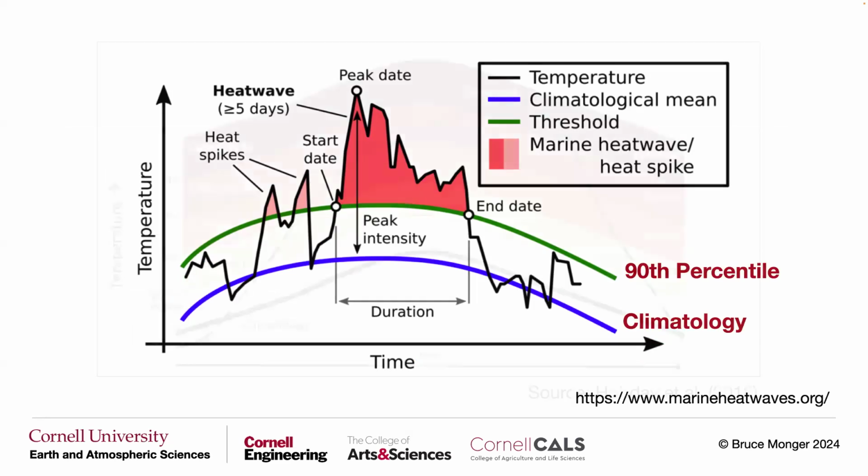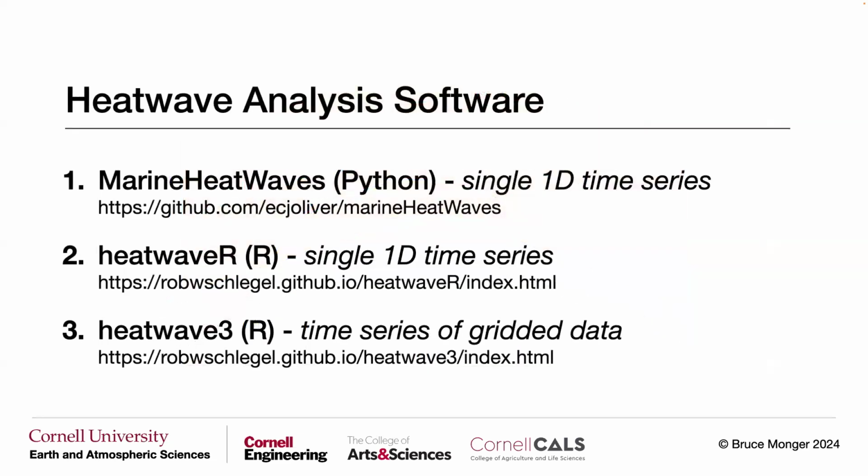So I started searching, and I came across these 3 analysis software. The marine heat waves in Python is the initial version of this. Who knows this software? My understanding is this is the original, and I don't know why they did this, but the original got reformatted and added to in R instead of Python, and probably refined.